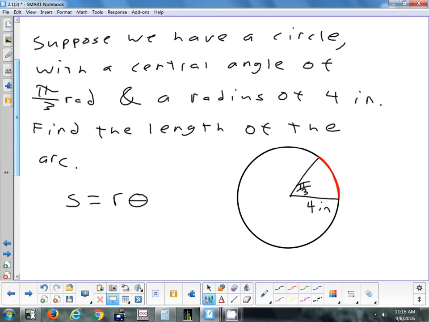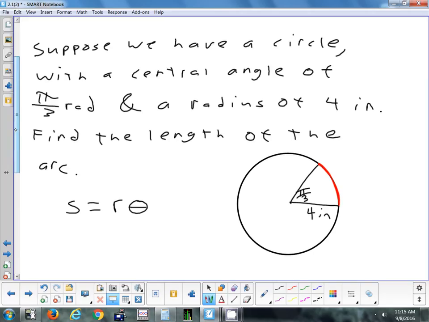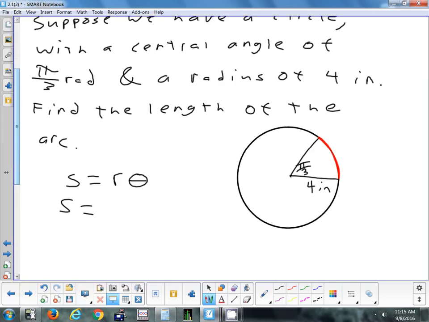And Sam, how about pi over 3? What's the pi over 3? Yeah, I have an angle of pi over 3. So I'm going to fill in pi over 3 for my angle, fill in 4 for my radius. Okay, and for this one, there's not really a lot to do.